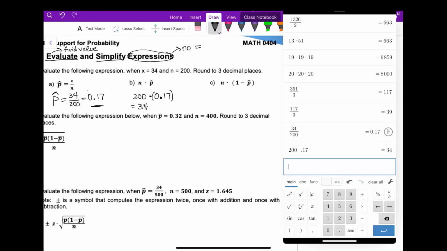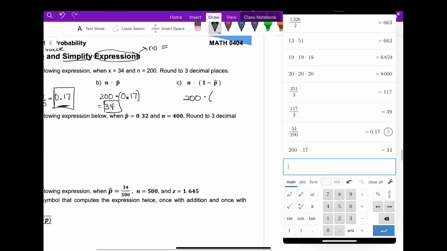Last one. C. n times 1 minus p hat is 200 times 1 minus p hat. So we have 1 minus 0.17. Order of operations tells us to do parentheses first. 1 minus 0.17 gives us 0.83 or 83 hundredths.